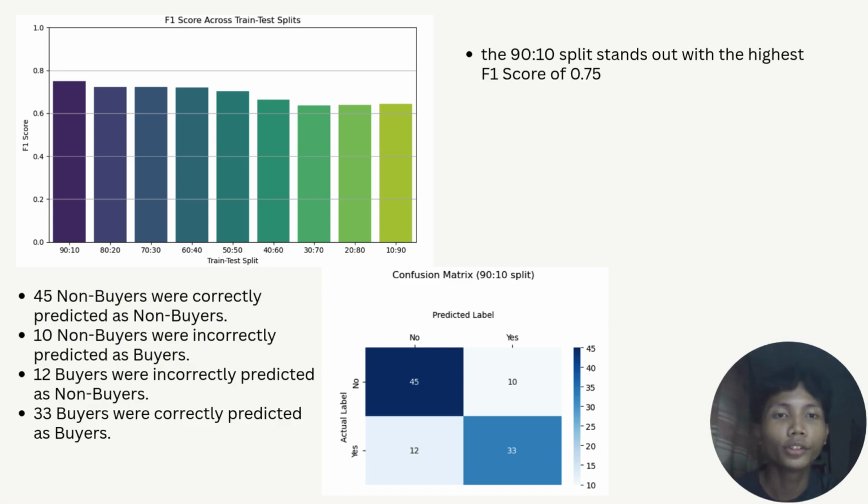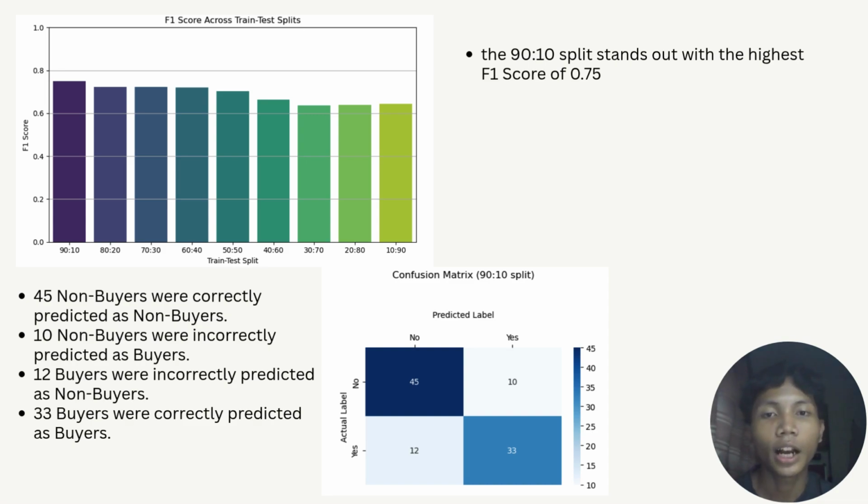The next one was the F1 score bar chart that we generated. From this bar chart, we focus on the F1 score that considers both precision and recall. We can see from the picture that the 90:10 split stands out with the highest F1 score, that is 0.75.